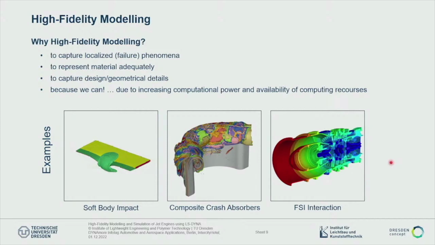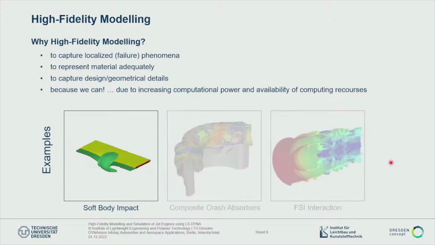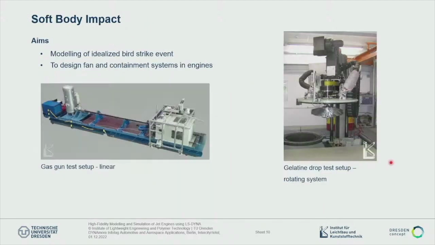So, in this mixture, we always looked at higher fidelity models, and now we would say these models I show you really deserve the label high fidelity, and we're now in the position really to cope with them. And I will give three examples of how we do that. The first one is a quick example regarding the so-called soft body impact. So as I said, at our institute, we do a lot of testing.